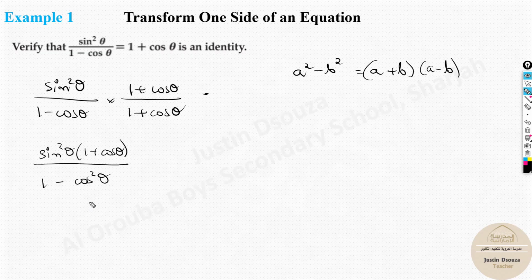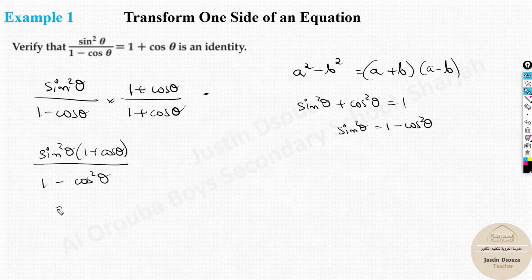Next, if you look at the right hand side, this is what we need. We have got it, but how to cancel the sine square and 1 minus cos square? Let's recall the Pythagorean identity: sine square theta plus cos square theta equals 1. Now I want 1 minus cos square, so take this cos square to the other side. It will be sine square theta equals 1 minus cos square theta.